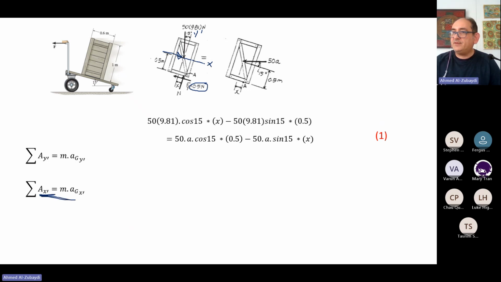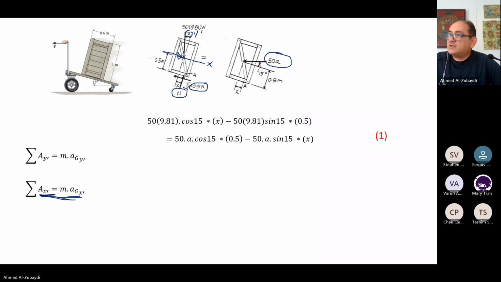In the free body diagram. In the kinetic diagram, we have the negative of 50a multiplied by the cosine of 15. In the y direction, the weight multiplied by the cosine of 15 is a negative part, while the n is going to be a positive part in the free-body diagram. In the kinetic diagram, the negative component is going to be 50a multiplied by the sine of 15.